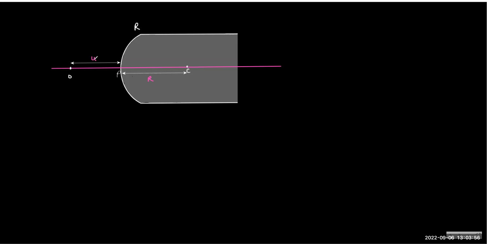Let's call the distance D, that's better because U is a symbol. The formula is mu2 by V minus mu1 by U equals mu2 minus mu1 by R. First of all, what we know or what we don't know. We know U and R sign. We never try to put the sign of V because V is unknown to us. V is still a symbol, and the answer will tell us whether V is positive or negative. We will not decide.